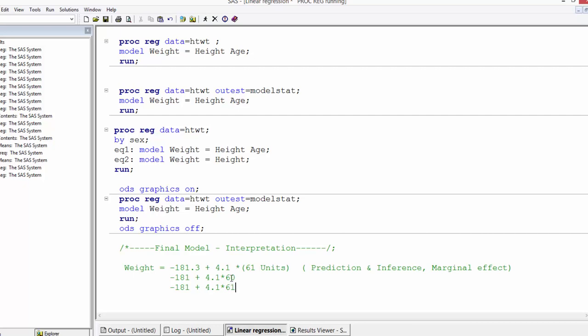So 4.1 multiplied by 1 equals 4.1. So the slope coefficient of an independent variable is the marginal impact of that particular variable on the dependent variable. If you increase height by 1 unit, the corresponding weight that will increase in the individual is 4.1 units, and that's known as marginal effect.